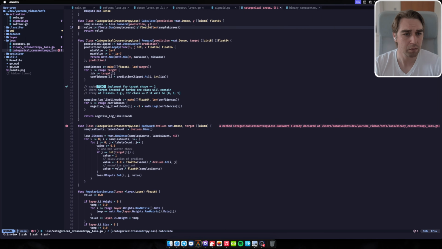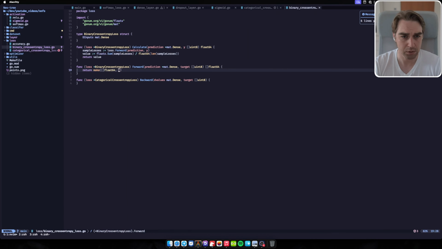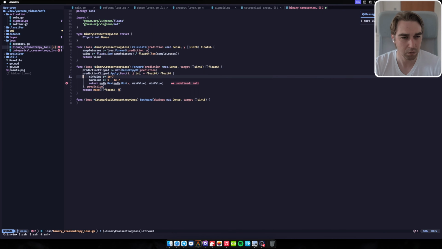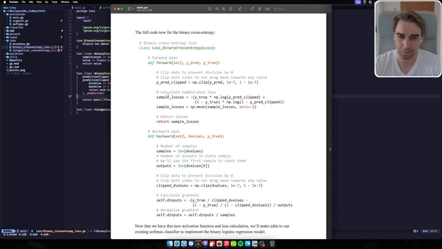this is the backwards. Okay, we have the prediction clip, basically the same, right? We have the predictions clipped. Then we calculate in the sample.